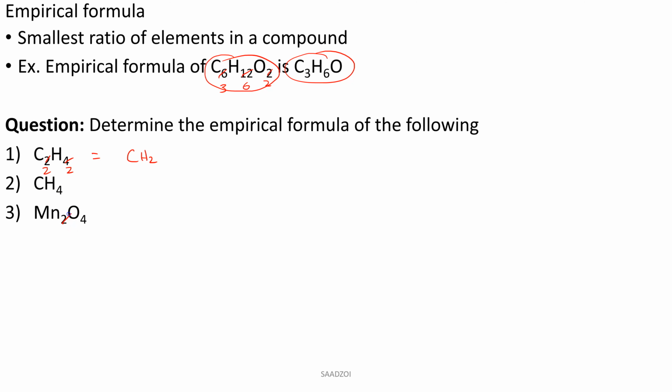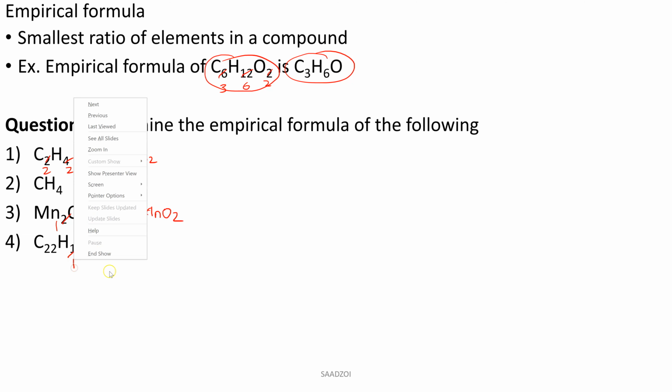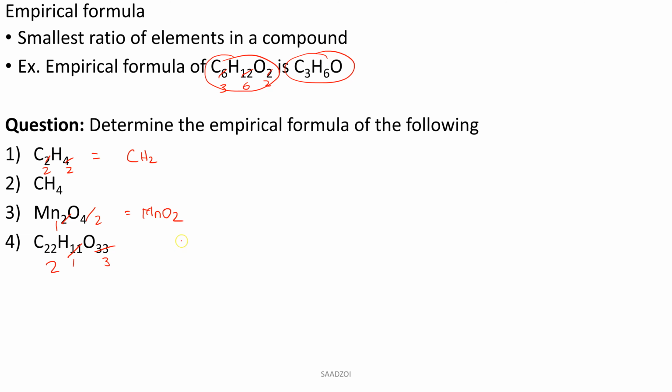Here, 2 goes in 2 once, twice. You get MnO2. Here, the smallest ratio would be determined by dividing everything by 11. So that gives you 1. That gives you 3. 33 divided by 11 is 3. And 22 divided by 11 is 2. So your answer becomes C2H3O.